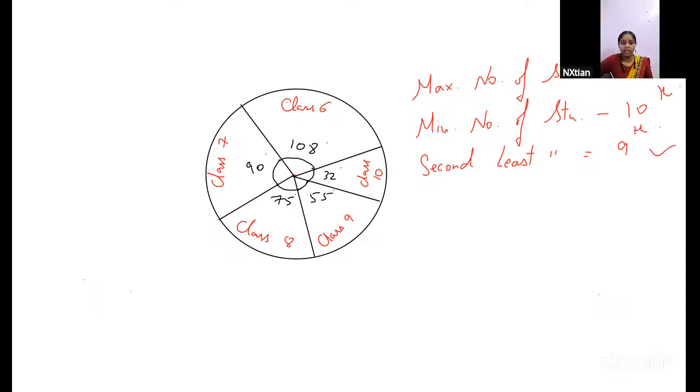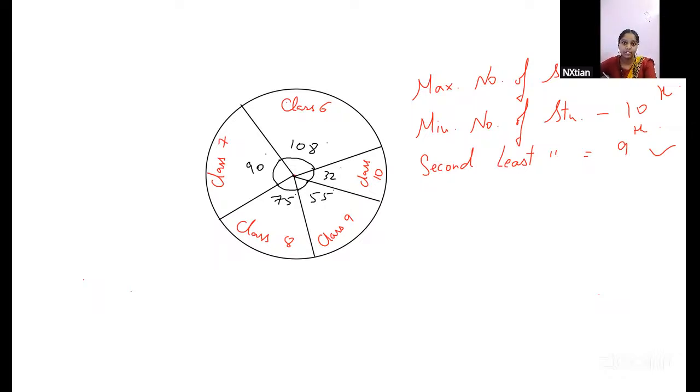Now, I might also have two classes with the same number of students. That might also happen when we are given data. It might be possible that my sixth class and eighth class have the same number of students. In that case, the angles will also be the same.